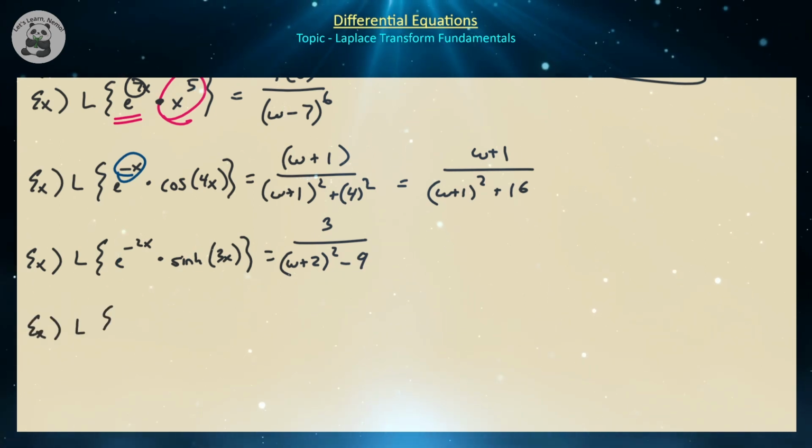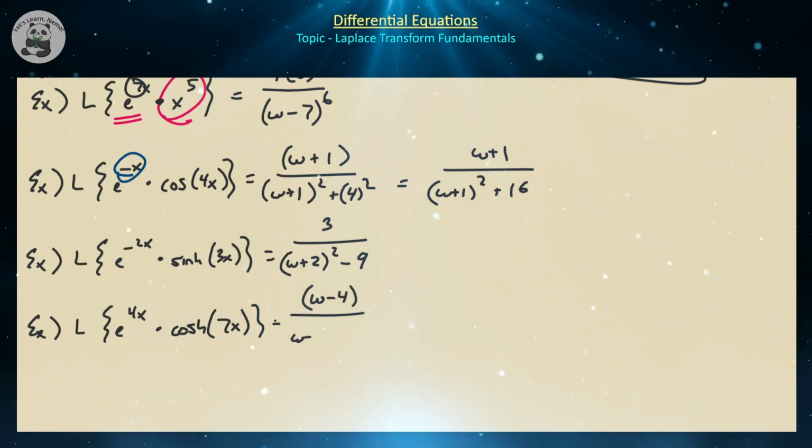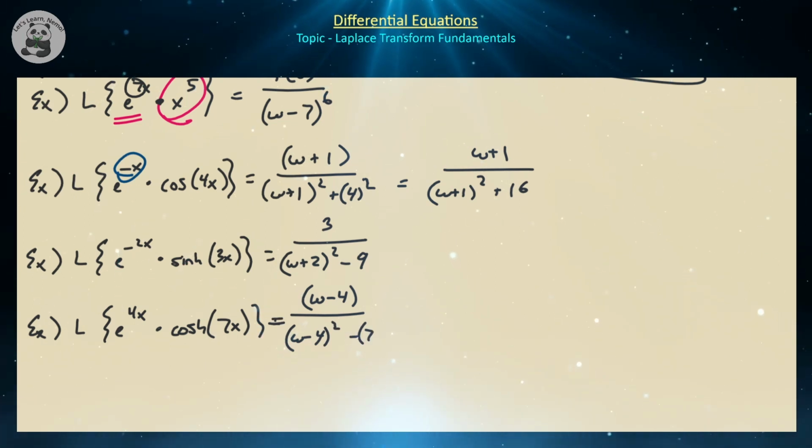And then the Laplace transform of e to the 4x times, let's go hyperbolic cosine now, of 7x. That's going to be equal to, so variable on top, omega minus 4 all over omega minus 4, the quantity squared, and then minus 7 squared, which I guess we can just write as 49.